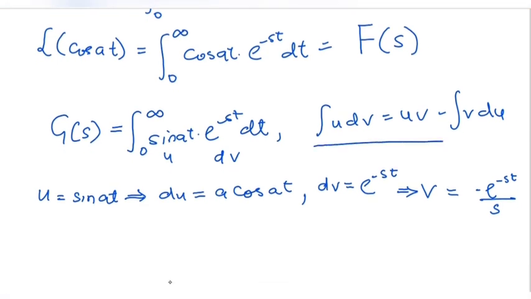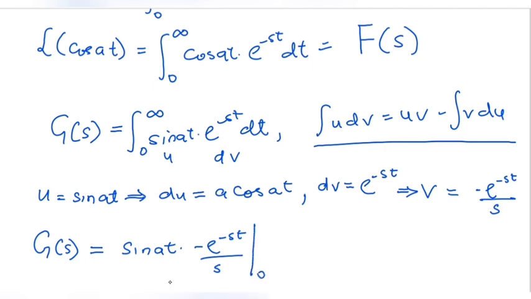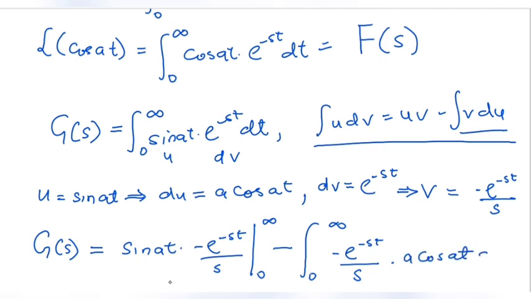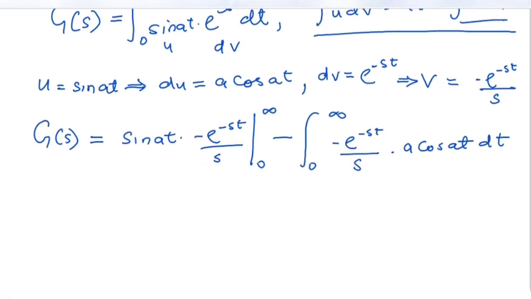So applying this integration by parts, our G of s will give us uv, which is sine at times negative e to the negative st over s. We'll put the limits, then minus the integral from 0 to infinity of v du, our v being negative e to the negative st all over s, and our du a cos at dt.